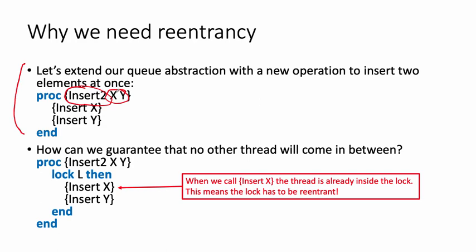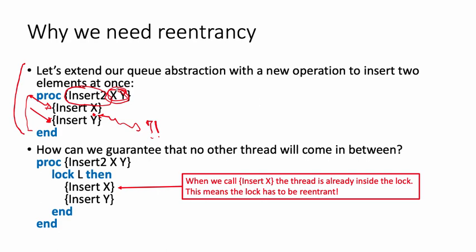But I want them to be together, and nothing in between. So I call insert X and insert Y, but the scheduler can always stop in between. Because insert X, insert Y are atomic, but insert 2 is not atomic. But I want X and Y to be in there at once. So for example, the queue models people waiting in line. Two people arrive, they're friends, they both go in the line.